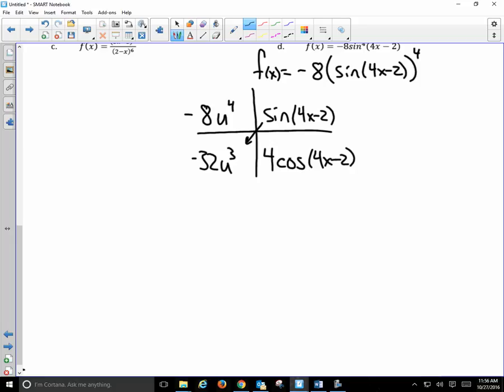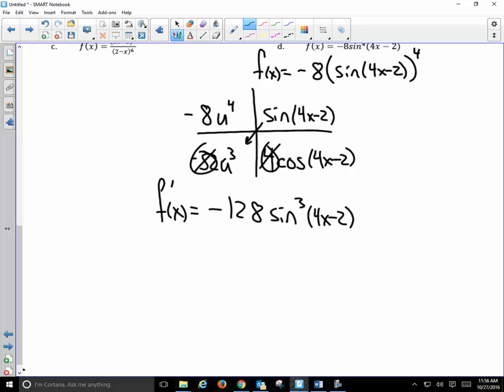So now I can multiply these together. I get a negative 128. What is being taken to the third power? Sine is. So I have sine cubed of 4x minus 2. And what else? So I got rid of the 4. I got rid of the negative 32. I got rid of the u to the third. What else do I need?